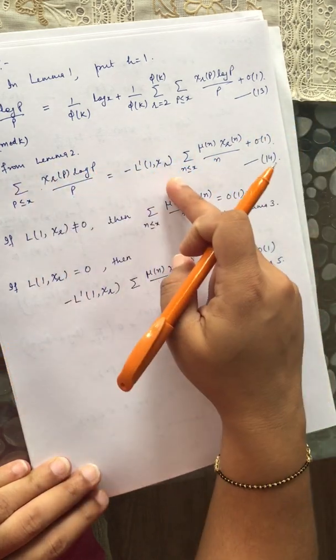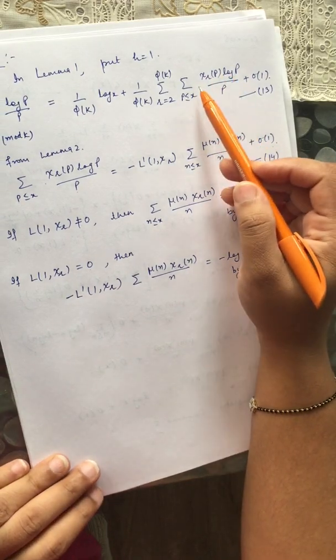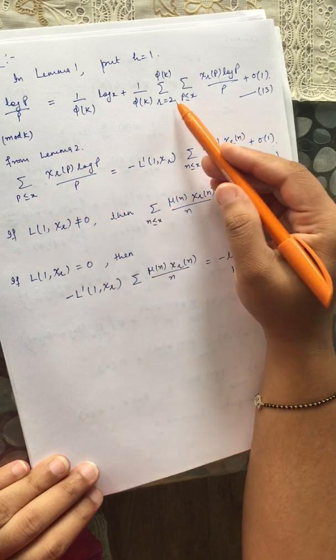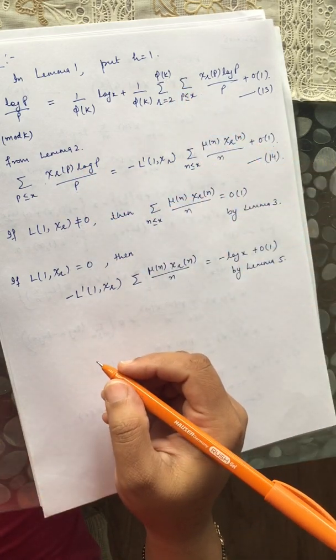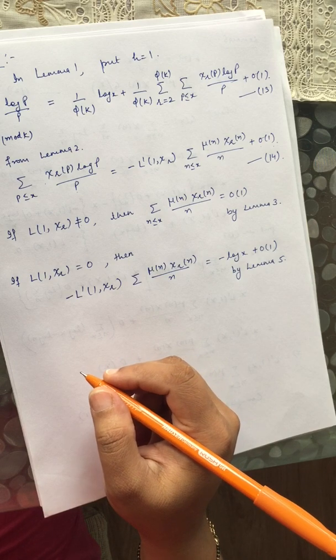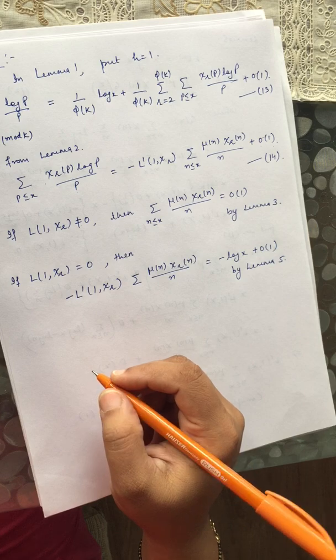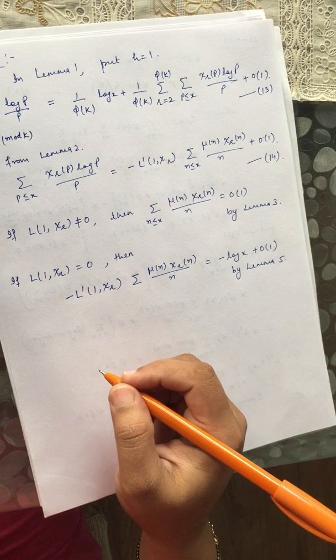So here we have to sum these terms with r varying from 2 to phi k, and we have assumed in lemma 4 that nk is the number of those Dirichlet characters for which L1 chi is 0.